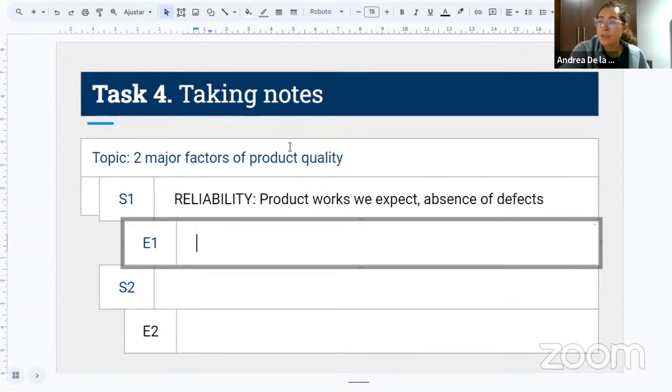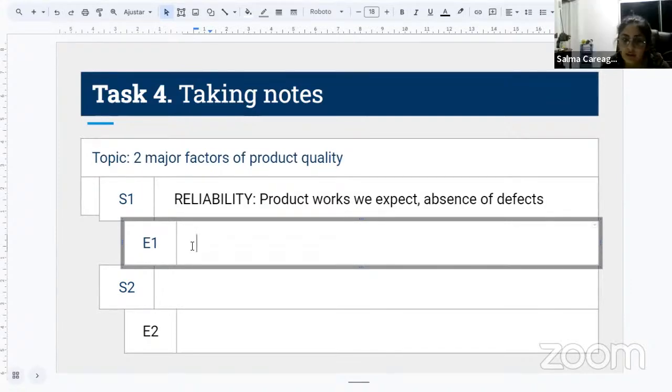And we also had an example of reliability. So can you please tell me what was the example the professor gives about reliability? I'm not sure, but the example was a car and it doesn't need any repairs.